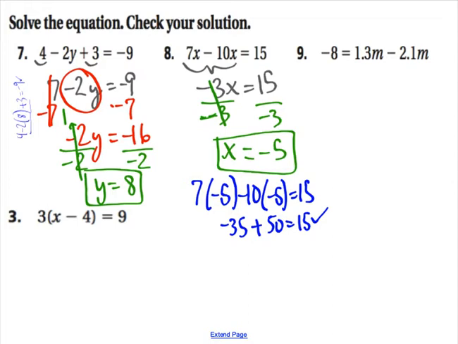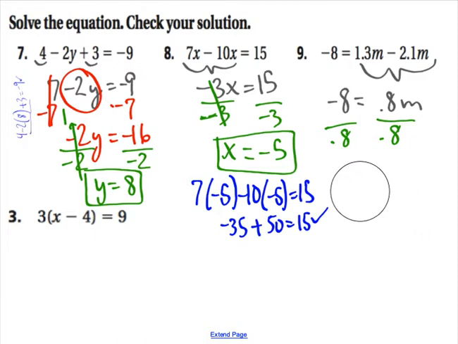Next example, start by simplifying both sides. We do have some like terms here. So 1.3 minus 2.1 is negative 0.8m. Then we need to isolate the variable term. That's already done. We need to make the coefficient equal to 1, divide by negative 0.8 on both sides, and that looks kind of funny. Negative 10 is equal to m.